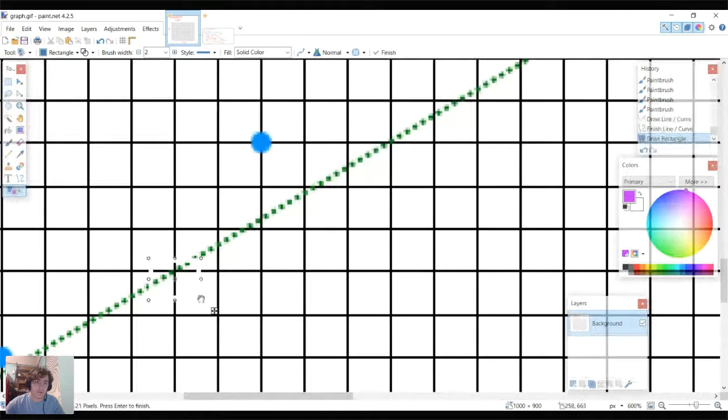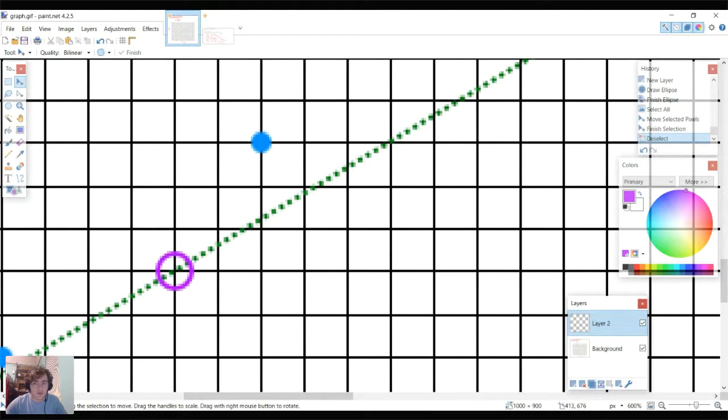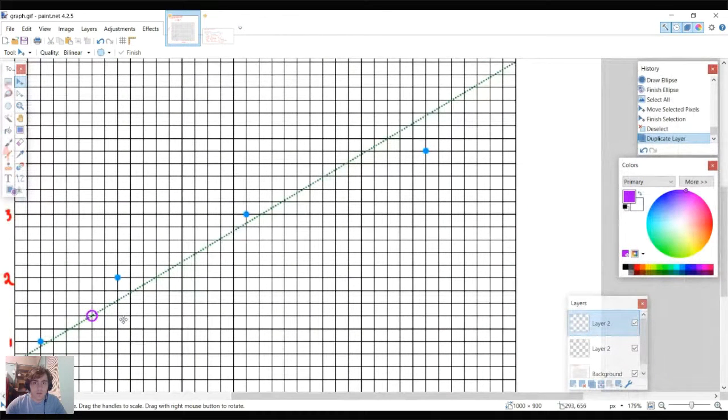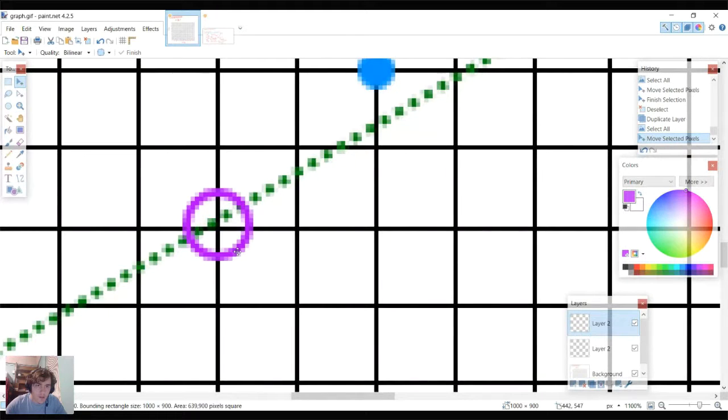Like, for example, this is a good one right here. Here's a better idea. Use a circle to indicate that that's the point. We'll pick another point that intersects on the grid lines because that's just the easiest way. How about that one? That's a good one.